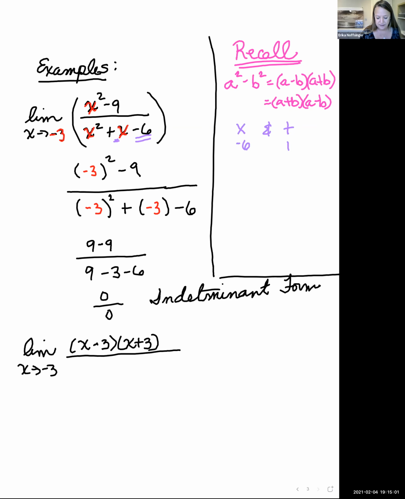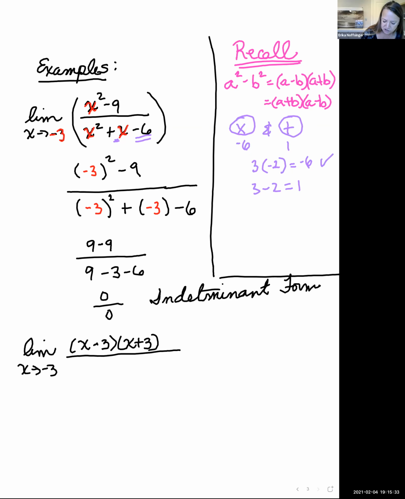So I kind of break it down like this. If I'm looking at it, what am I multiplying, and what am I adding to try to get? So the 2 numbers that multiply to give me -6 and add to give me 1. Well, multiplying, getting a negative, one has to be positive, one has to be negative. And I have a positive when I sum, so the bigger number is going to be positive. 3 times 2 is 6. 3 times -2 equals -6, and 3 plus -2, or 3 minus 2, equals 1.